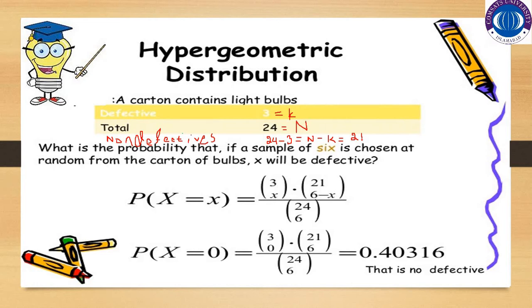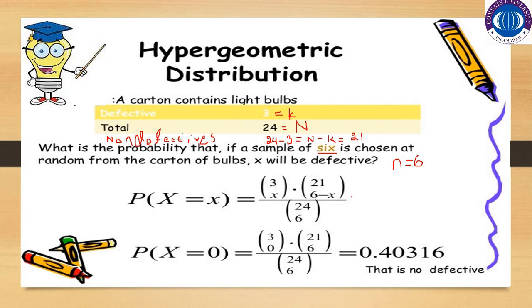They are saying that 6 bulbs are chosen at random, which means small n will be equal to 6. So X will be the number of defectives.